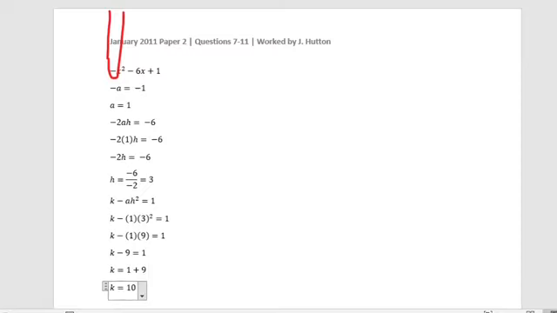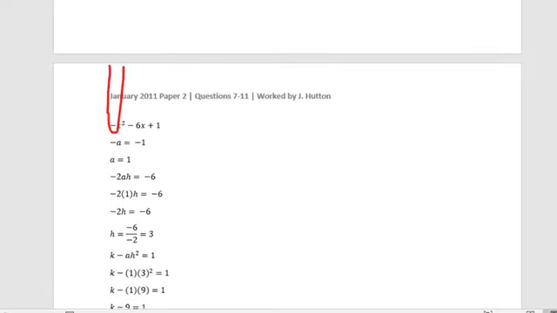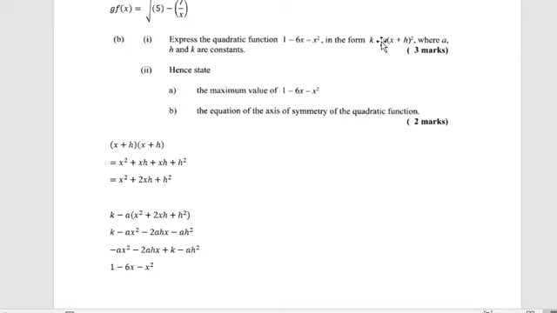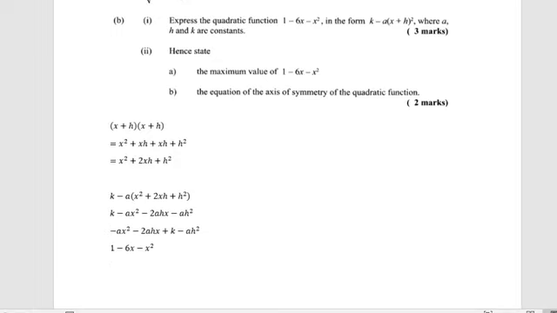So now we can go ahead and rewrite our equation in the format that the question asks us. So it said to write the quadratic function in the form of k minus a, x plus h, squared, and we just found out what all three constants are.